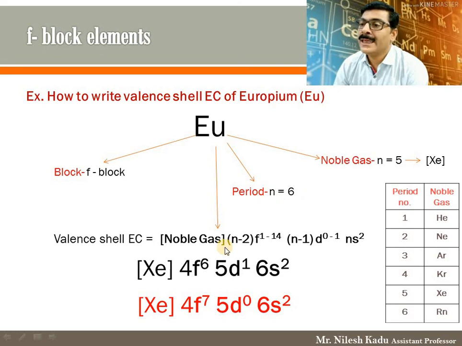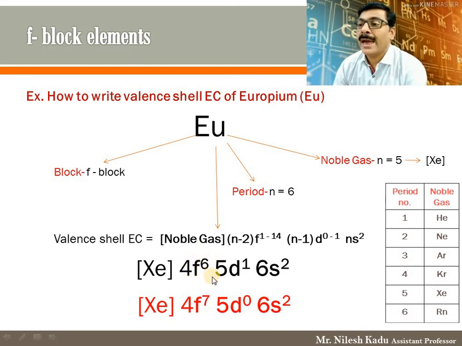So putting all the data in this equation, first you write the noble gas, xenon. Now the value of n is 6. 6 minus 2 means 4f, and 4f contains how many electrons? Europium is present in the 6th place in the lanthanide series, so the f orbital contains 6 electrons.